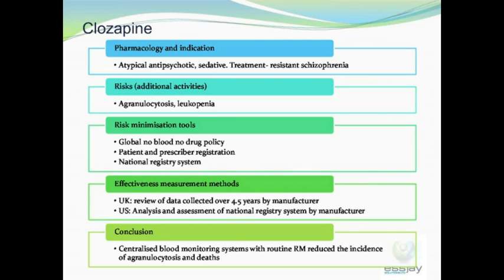Now, within the UK, they did look at the effectiveness of this, and they reviewed data collected over 4 to 5 years, and also in the US they looked at the national registry system. They did show that this monitoring system worked, and that there was a reduced incidence of fatal agranulocytosis and agranulocytosis overall.